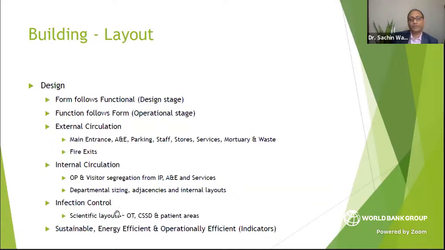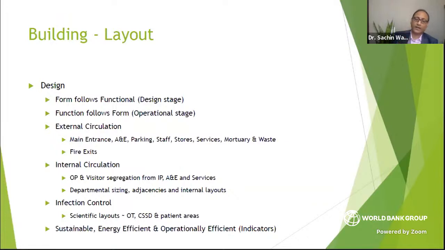In fact, with IFC we did one more webinar, Safe Tool Safe Lives, Clean Tool Saves Life, wherein we had an entire episode on the CSSD, and I predominantly spoke about the internal layout and circulation. So probably if you're interested, you could look at that recorded session as well.